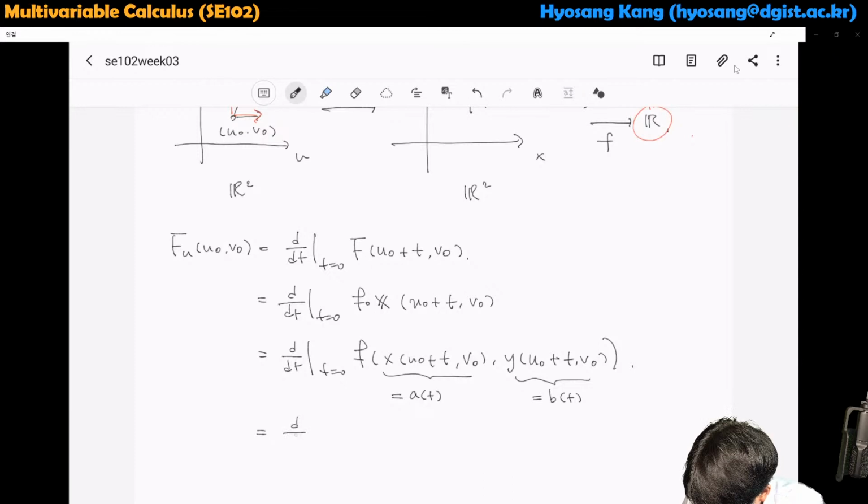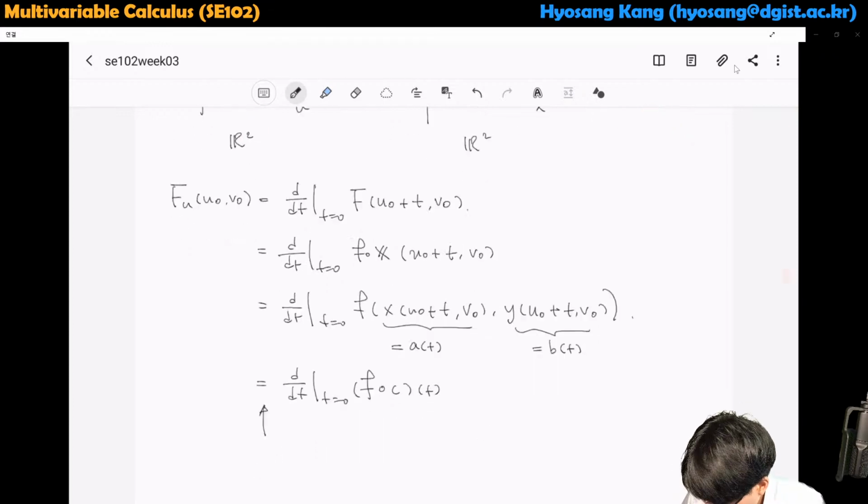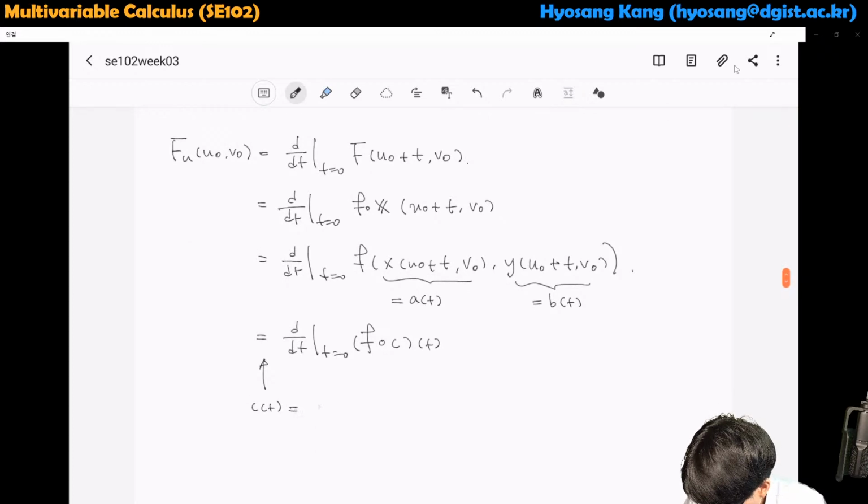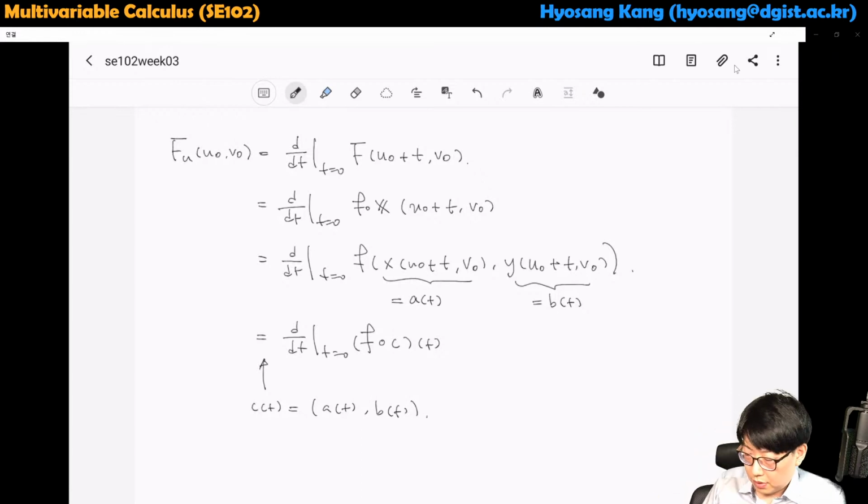So this equals d/dt at t equals 0 of f composite c(t), where c(t) equals (a(t), b(t)). So I define the expression x(u0 plus t, v0) as a(t). Since x is a real valued function, a(t) is a single variable function, so it fits the situation of the first chain rule.